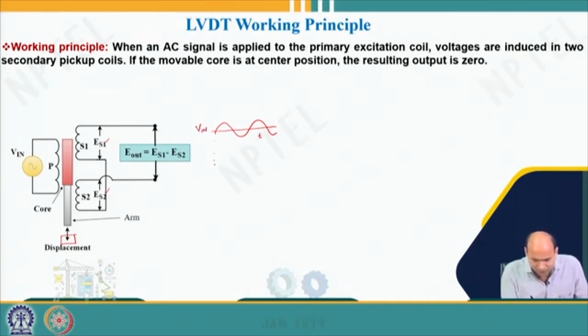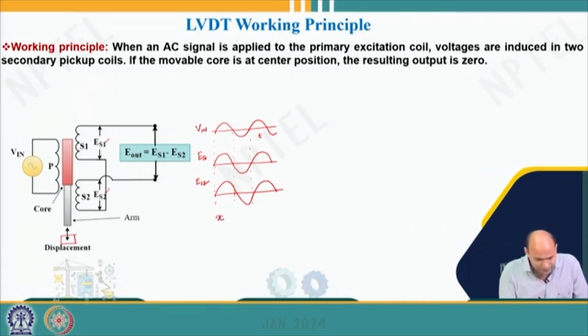Now if I consider that the core is at central position, then this one will be your ES1 and this one will be your ES2, okay, this is your ES2.